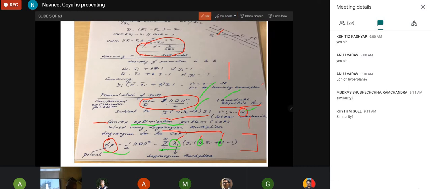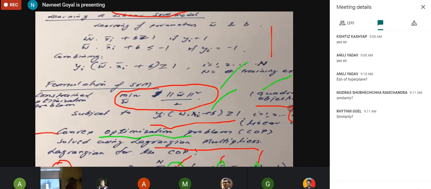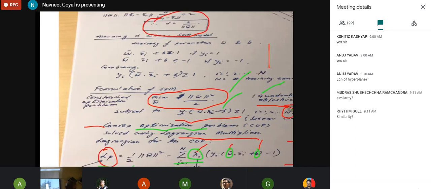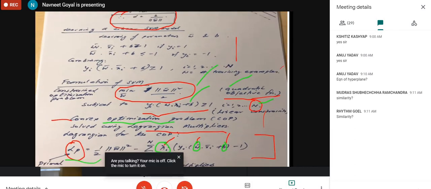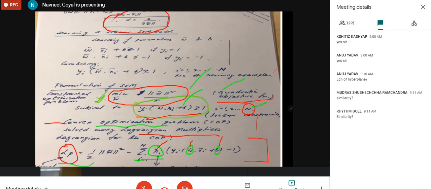What you see here, I'll blow it up a little bit, or if you want, I can write it separately also. I'll do that after this. Just let me show you this. So all of you understand this part, the formulation part, the objective function here. So I'll put a tick. So this you know, and these are the constraints here. All right. Okay, and there are n training points. So these are n constraints.